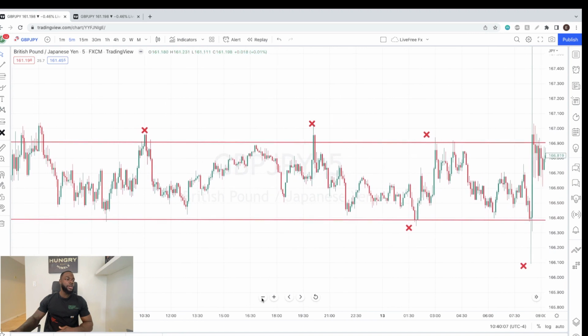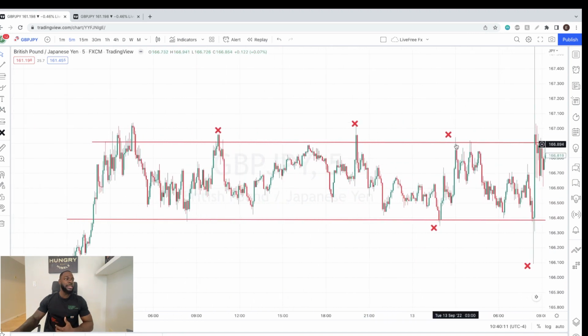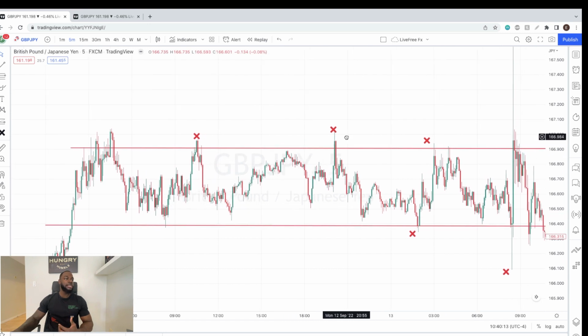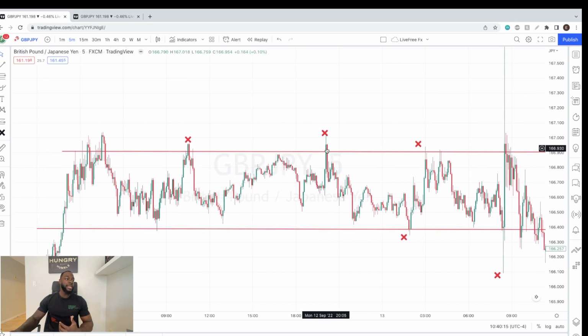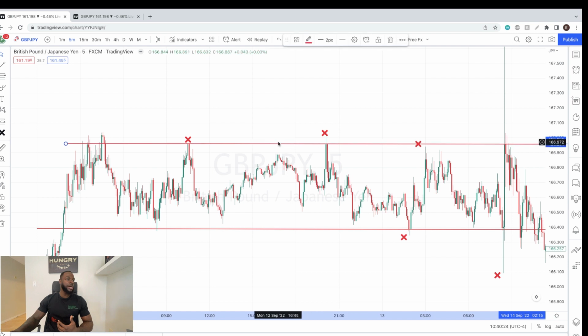Taking a look at the 5-minute time frame, we've scaled down to the 5-minute time frame, and we can see that, okay, you know what, price gave us a little bit of a close, but we are still within the overall general range, because if you take a look at this, we can see that price really isn't breaking above this level yet, right?